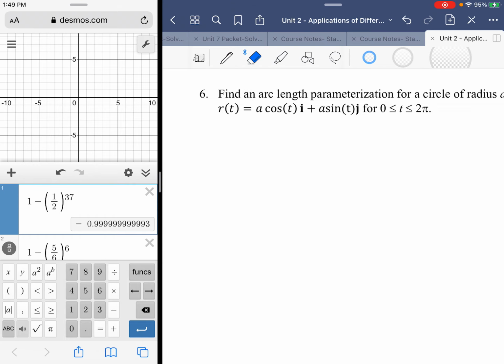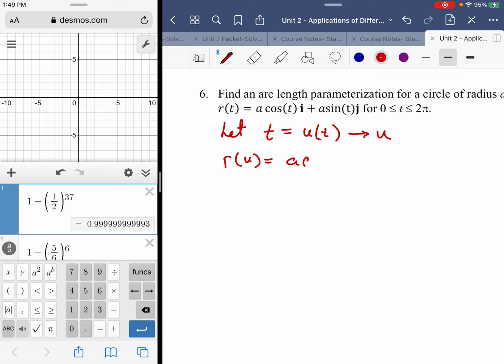So the first thing I would do is rethink or reconceptualize this as a variable function. So let t equal u of t, which we can designate as just u for simplicity. And so I would make this r of u equal to a cosine u, a sine of u.